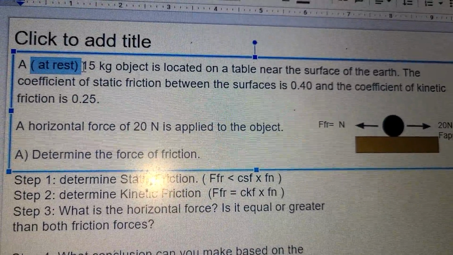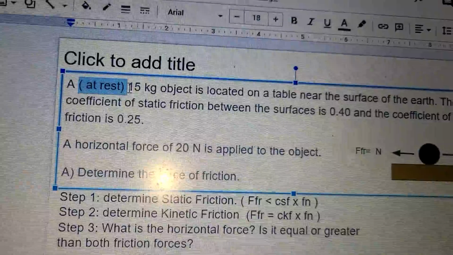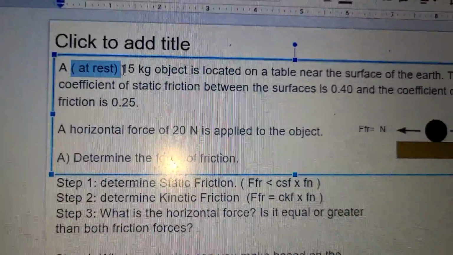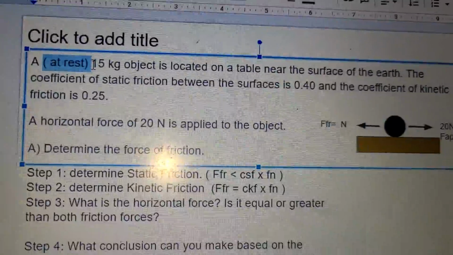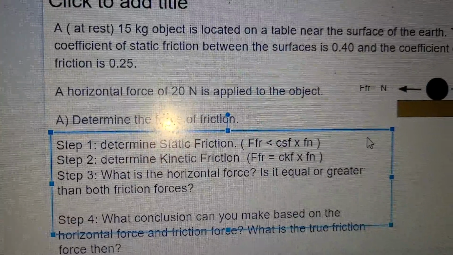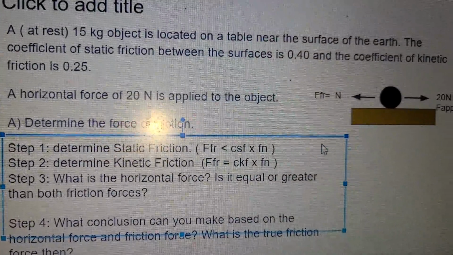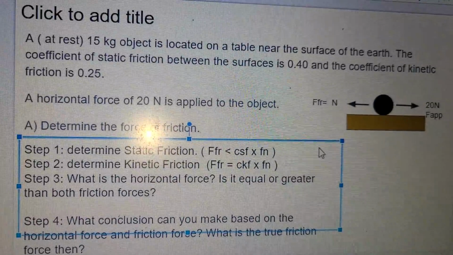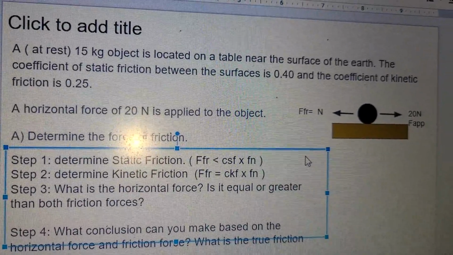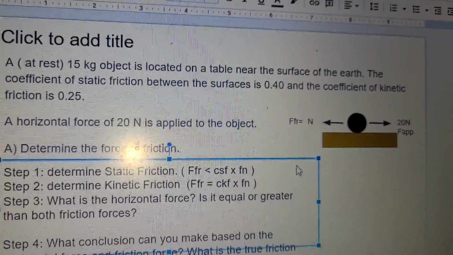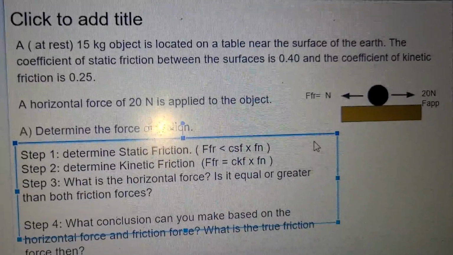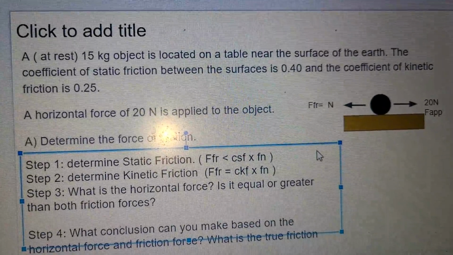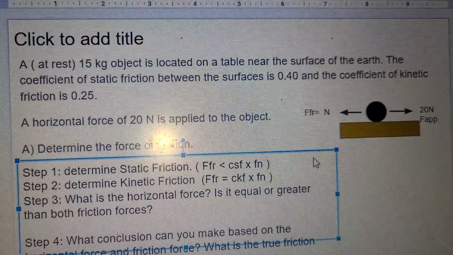Okay, so what's static friction? We need to know that definition. Static friction is an item that is at rest. Good. What is kinetic friction? An item that is moving. Okay, now keep in mind both items are acting on friction still.